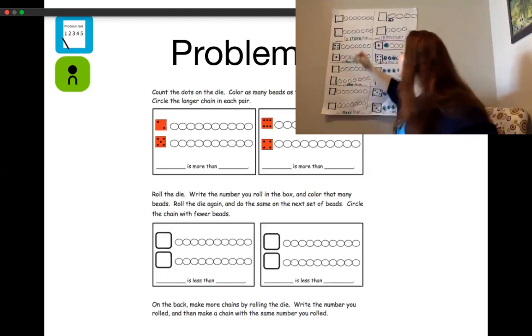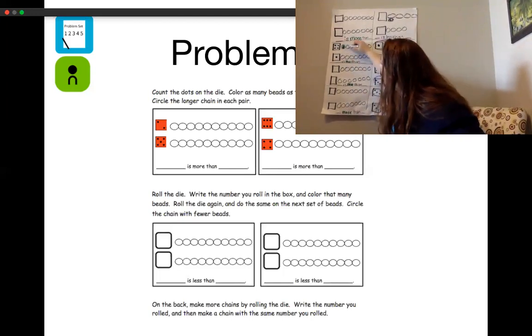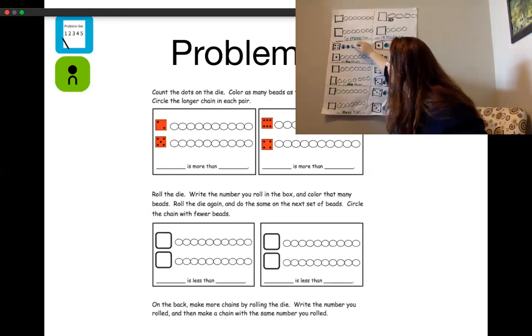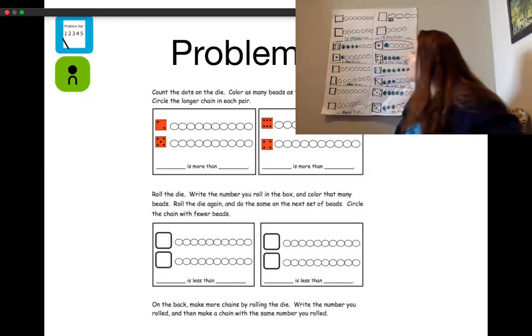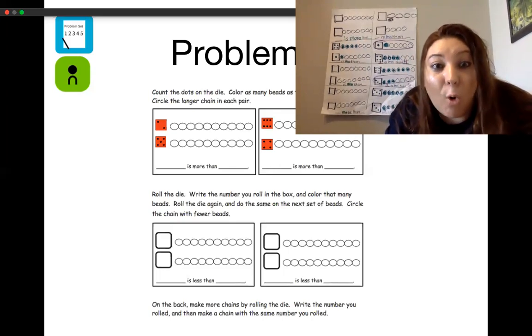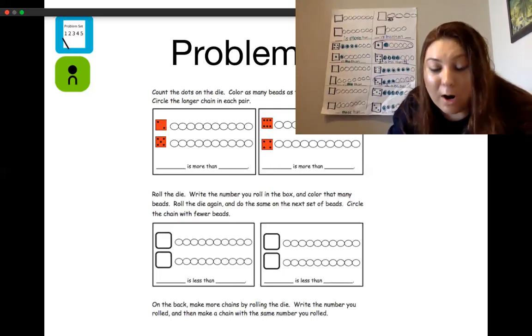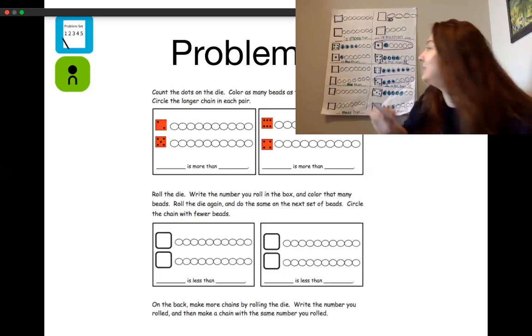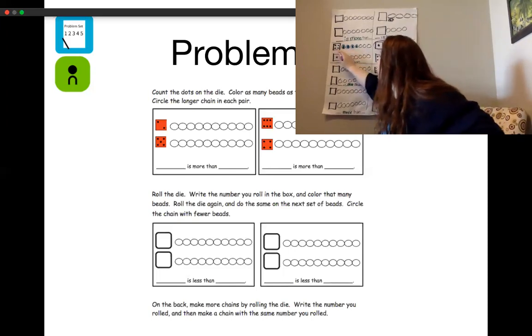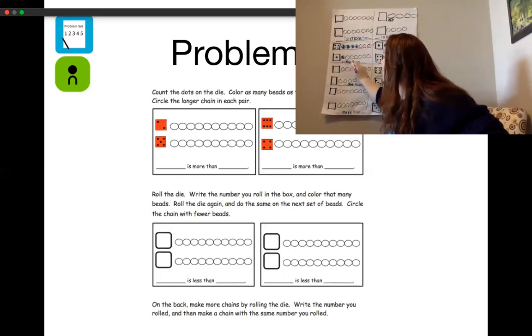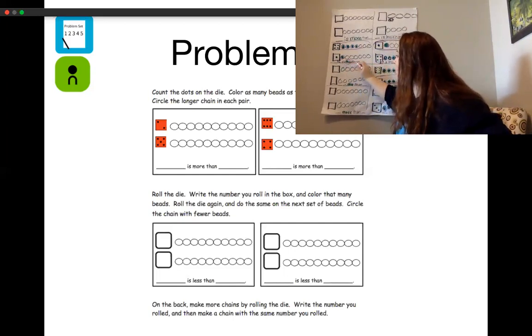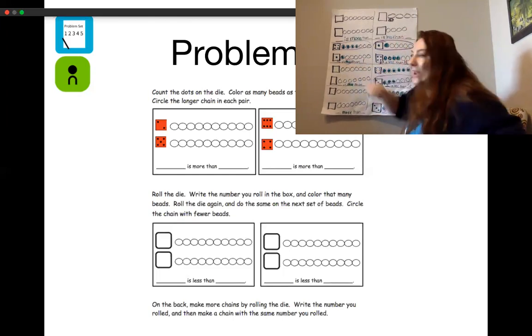Fill in your beads. 1, 2, 3, and 4. Let's count 1. Which one is more? Yes, the 4 is more. And we have our word more. 4 is more than 1.